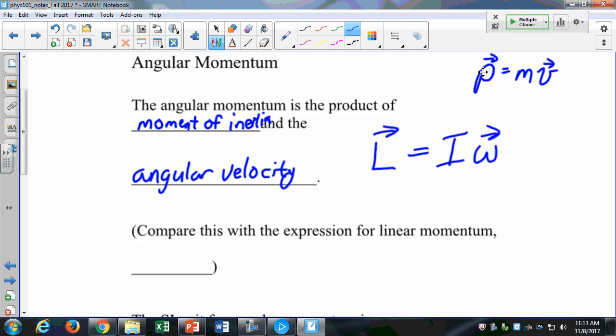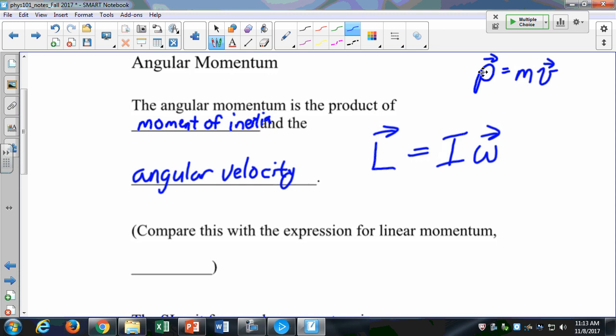These are vector quantities, but they're sort of funky vectors. We get into that right-hand rule that we used last time, so we're not going to worry so much about the direction of them, but we will worry about what direction the things are spinning. So we'll talk about the direction in terms of clockwise or counterclockwise, though as you know, that's not really the direction of these vectors. These vectors are actually perpendicular to the spinning surface.